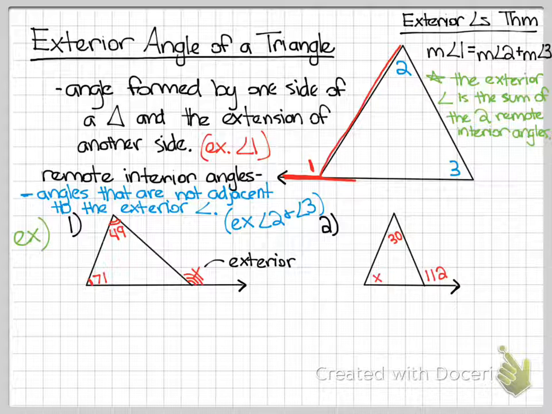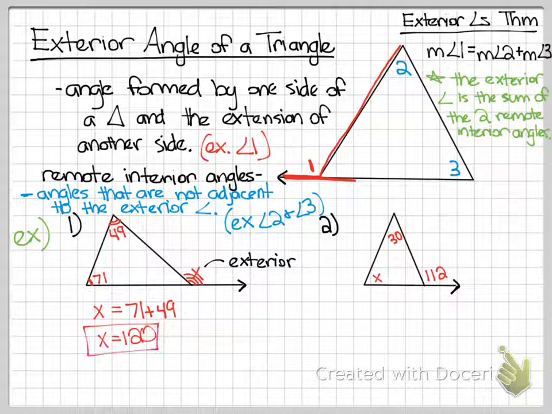And here, 71 and 49 are the remote interior. Therefore, x is going to be equal to 71 plus 49. Do you see why that works? That works because x is exterior and those were remote interior. So therefore, x has to be 120 degrees because it was the exterior angle.